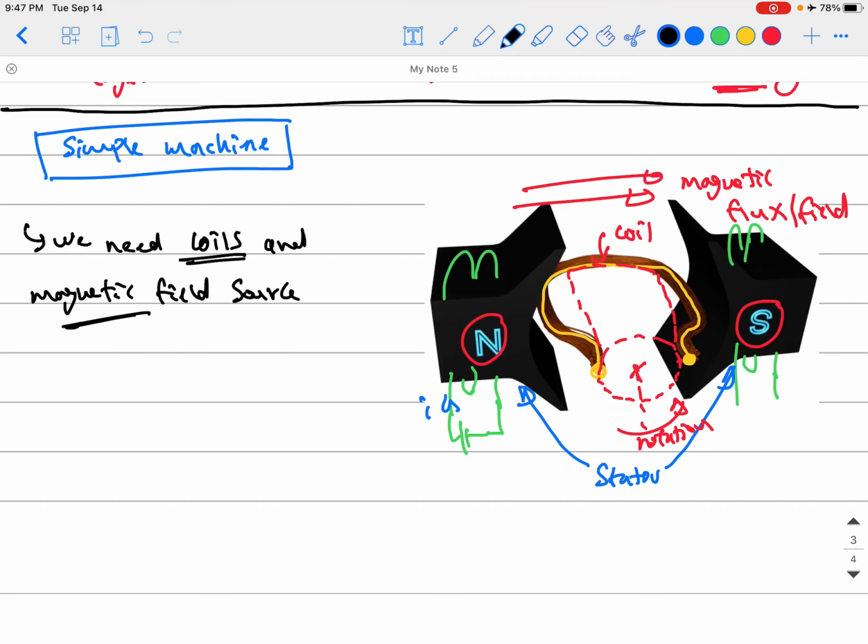If you apply rotation from an external source, you have a generator.